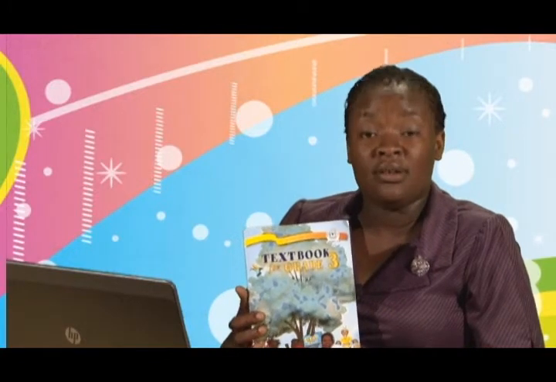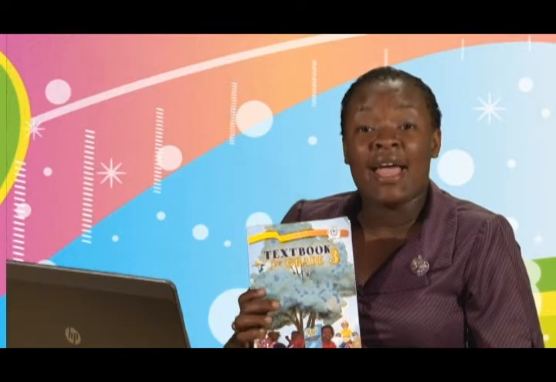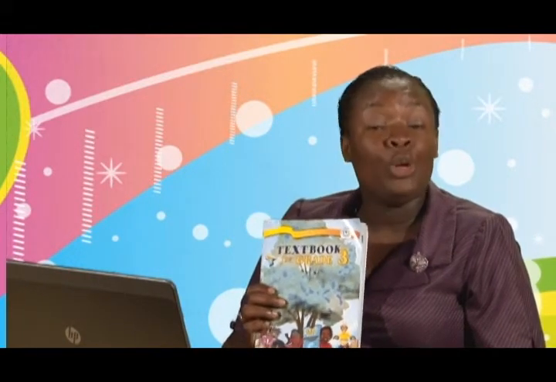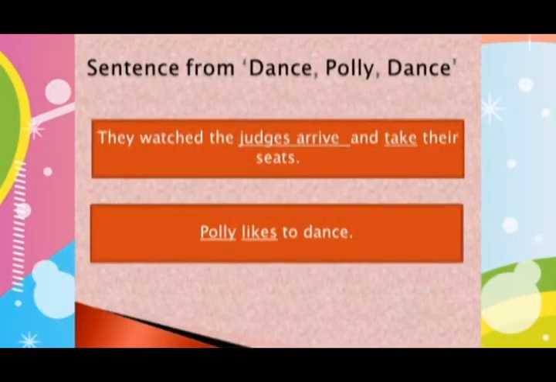In our reader, the story Dance, Polly, Dance utilizes subjects and verbs. You will notice that all the subjects and verbs are in agreement. Now, let's look at two sentences from the story. The first sentence: they watched the judges arrive and take their seats.